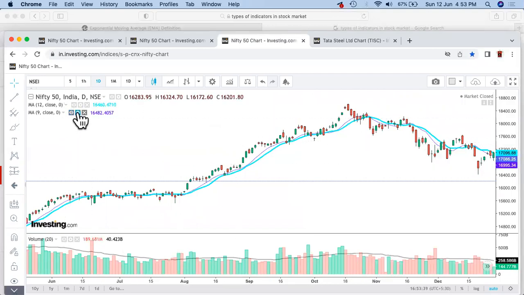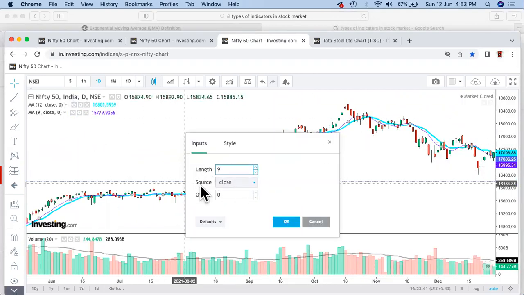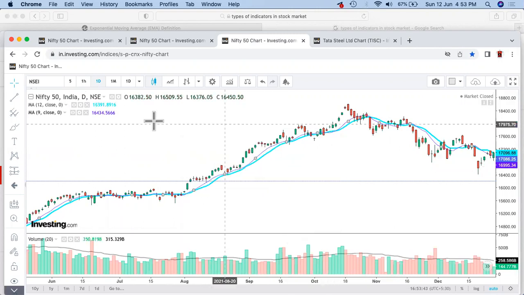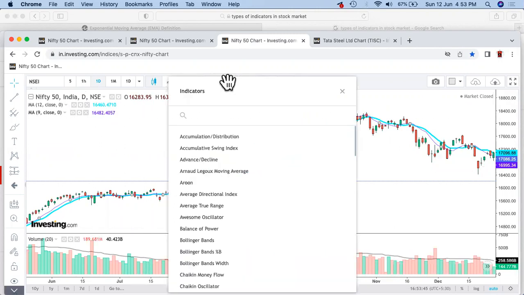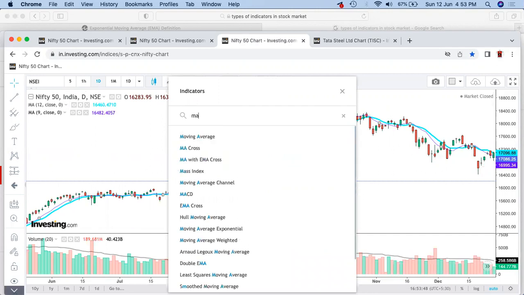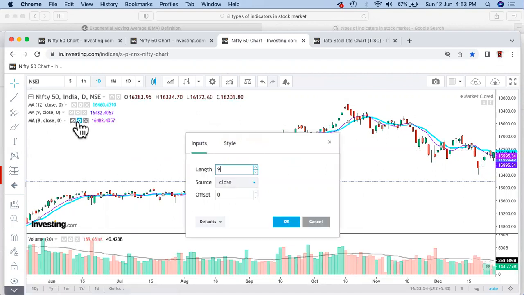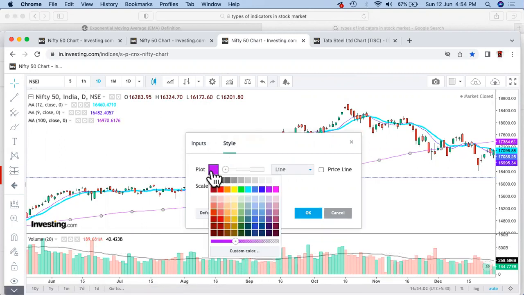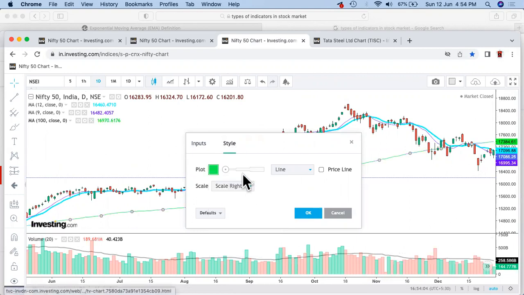So for example, if I see here, I'll keep this 9 and I'll use one more, which is for let's say a bigger time frame. I'll keep that as the 100 days moving average. And I'll also change the color. I'll keep it probably green.